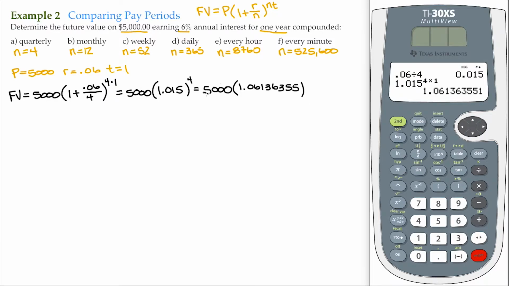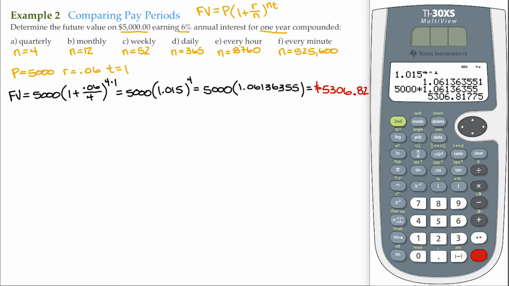So finally, I'll take the 5,000, multiply to this right here, 5,000 times 1.06136355. Hit enter. And it comes out to be $5,306. And don't forget, we're going to round it to the nearest penny, and 82 cents.